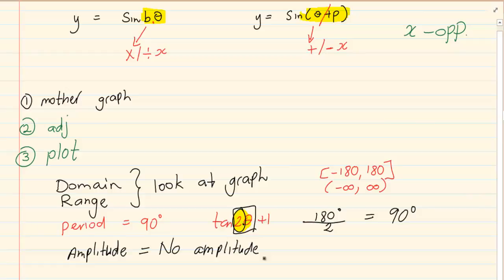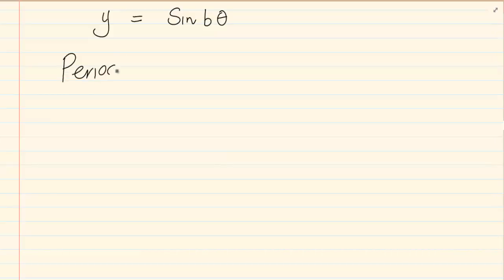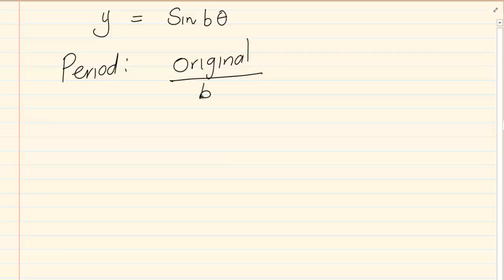Now let us go over this specific period. When you are working with the period, we know that we have y is equal to, let's take any ratio, b theta. What you're going to do when we come to period is, you're going to take the original and you are going to divide it by b. So if I was to give you cos 3 theta, the original cos graph is a period of 360 degrees.